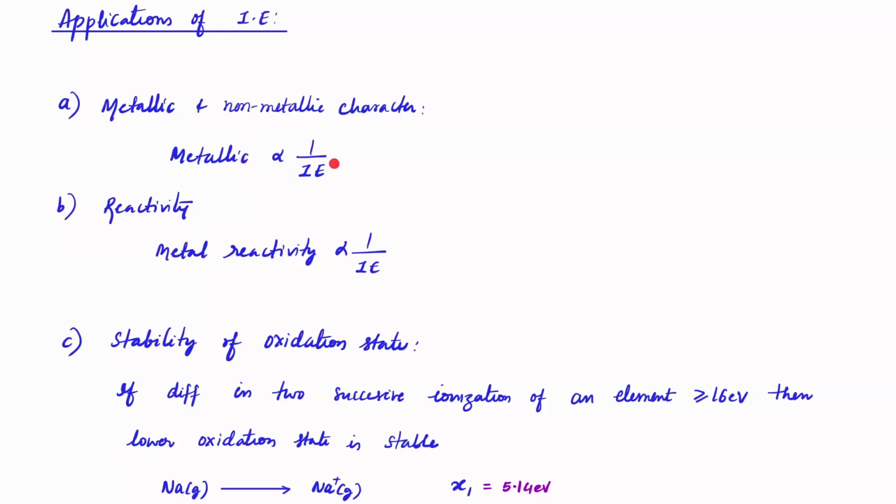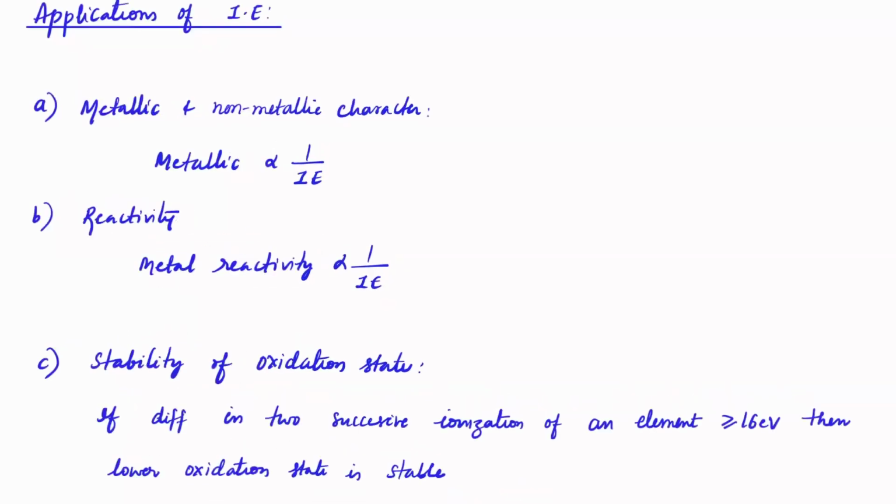Similarly, if the ionization is lower, we can also say the metallic reactivity might also be more. For example, if I ask you what happens to the metallic character of group 1 elements.